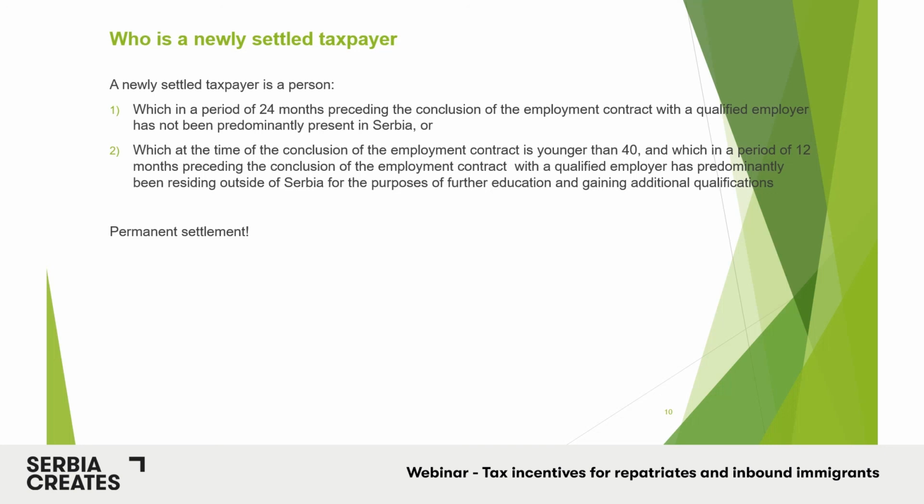Basically, if the employee who is now concluding an employment contract with a Serbian qualified employer meets the condition that in the past 2 years they were not predominantly in the territory of the Republic of Serbia, this person needs to, simultaneously with the conclusion of the contract or within a reasonable period of time, which is stipulated at 6 months after the conclusion of the contract, settle his or her whole family here in Serbia, if he or she has a family.